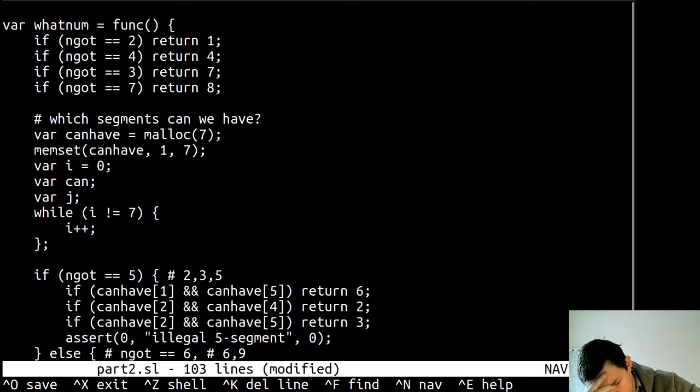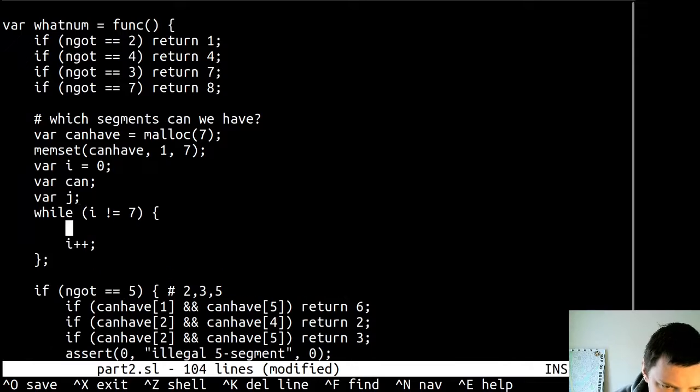I think we start out assuming we can't have it, and if none of the segments we've read can't be it, then we can have it. So we want to know if none of them can't be it. So if any of them can't be it, then we can't have it.